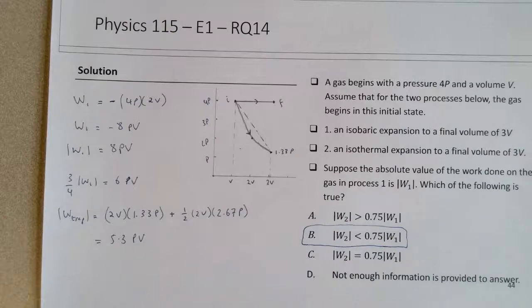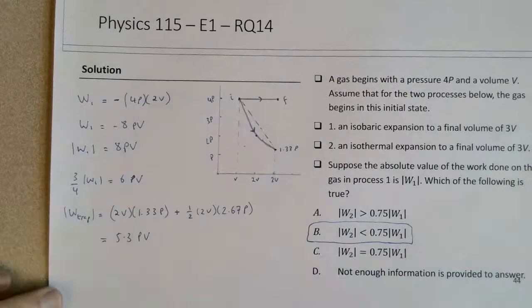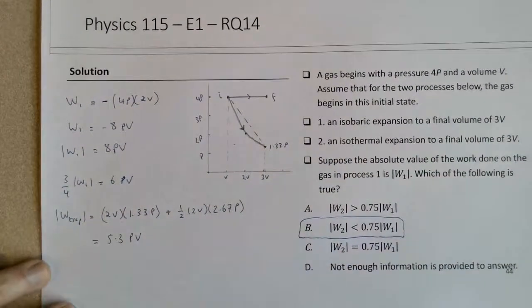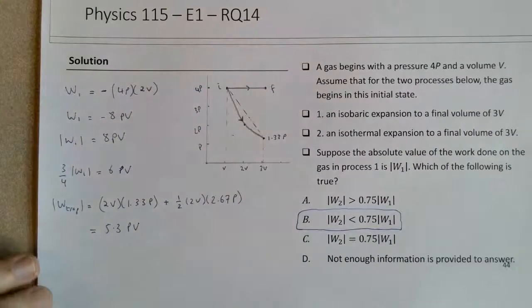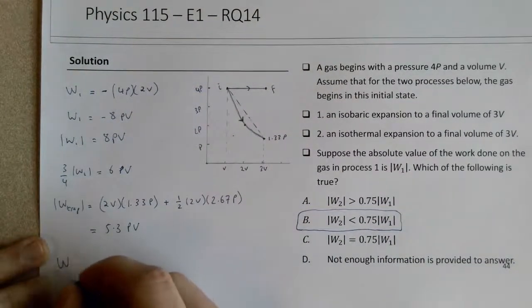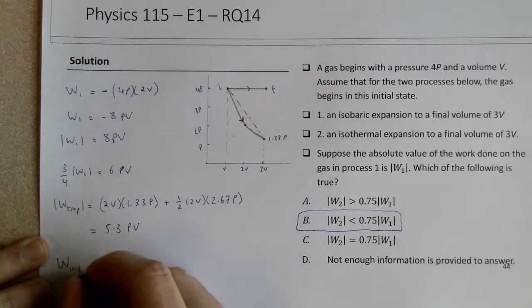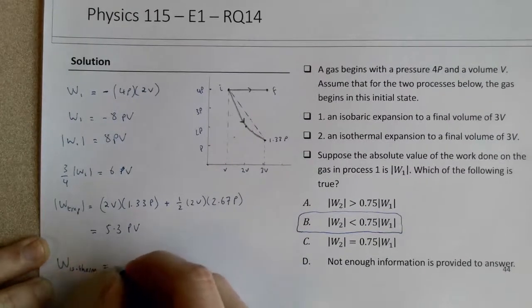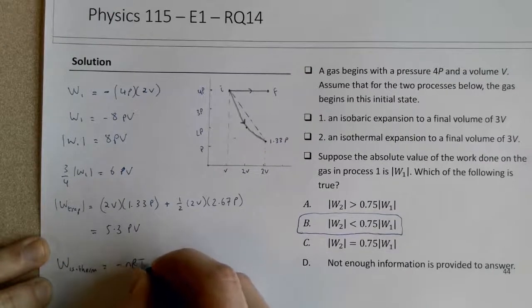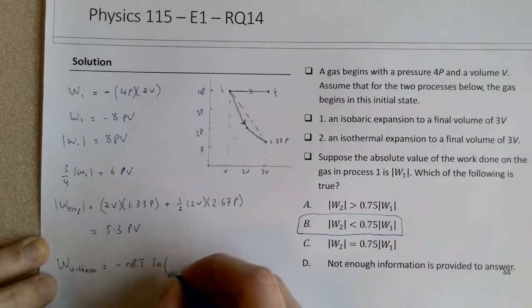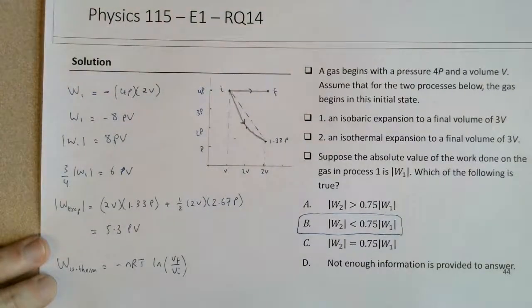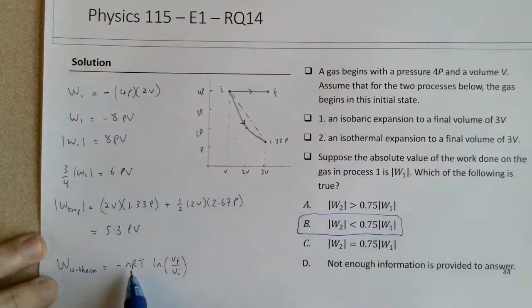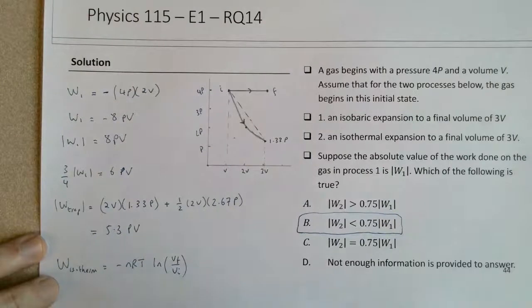Now, the equation that's not addressed in our textbook, which you can use, defines the area underneath an isotherm. For isotherms, the work is negative nRT times the ln of Vf over Vi. But nRT is by definition PV, and PV is a constant for an isotherm.